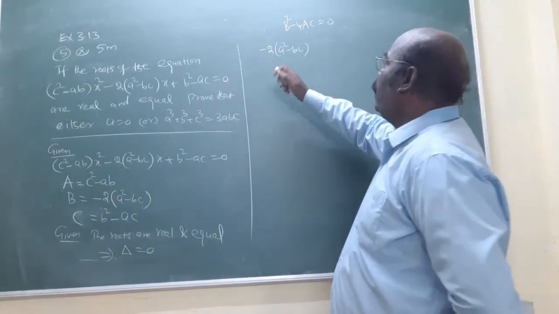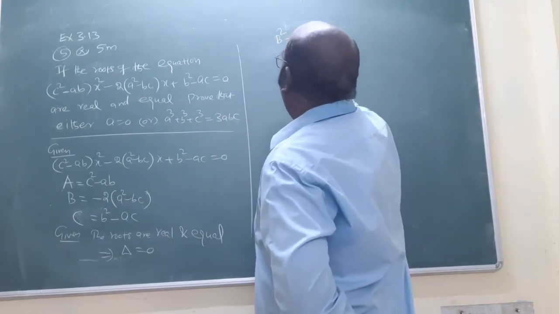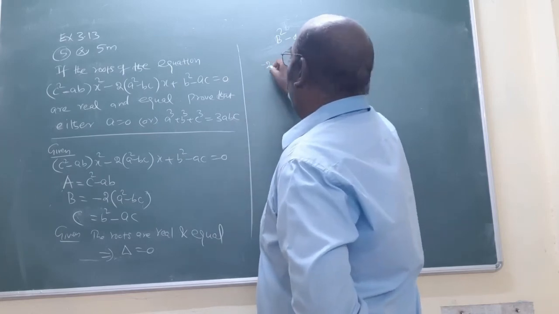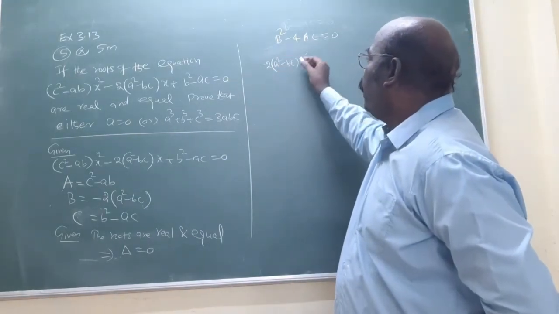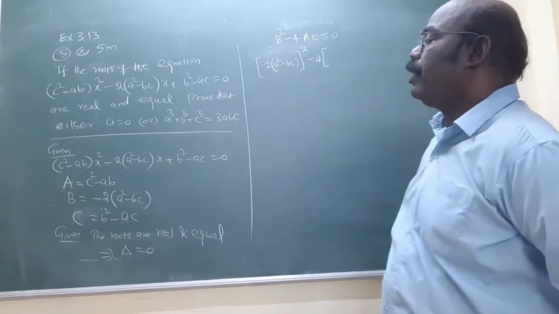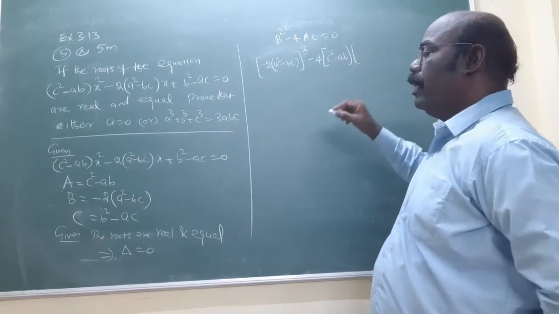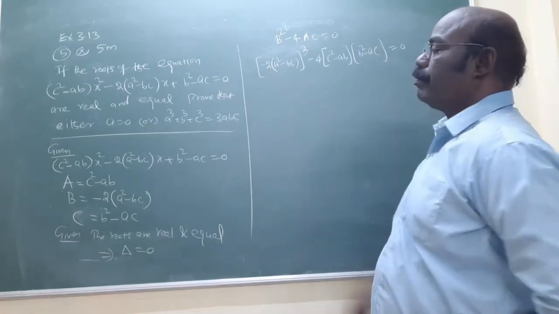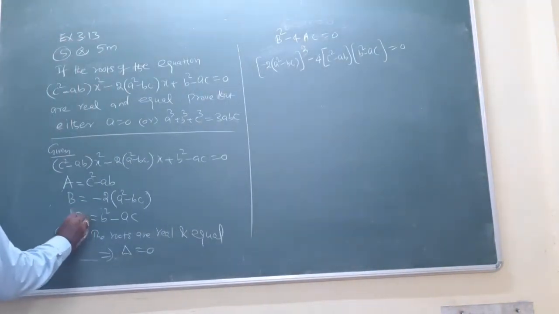Delta 0 means B square minus 4AC equal to 0. So B is minus 2 into (a square minus bc) whole square, minus 4 into A, which is c square minus ab, into C, which is b square minus ac. Am I correct? This is capital C.